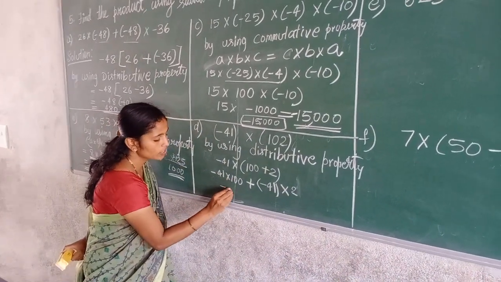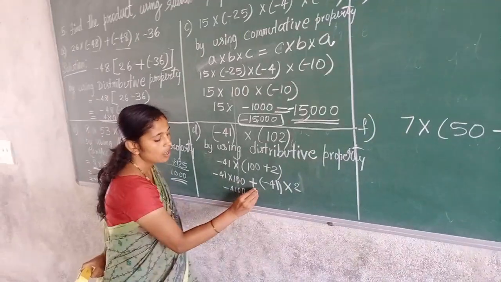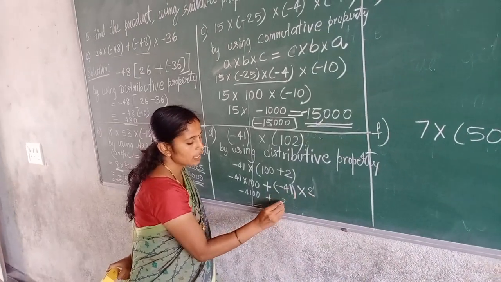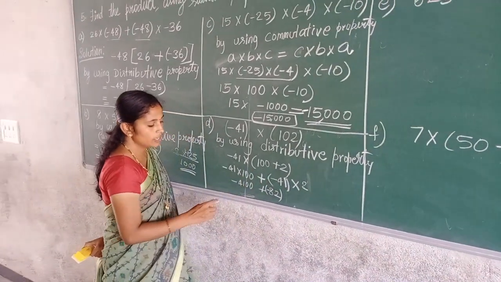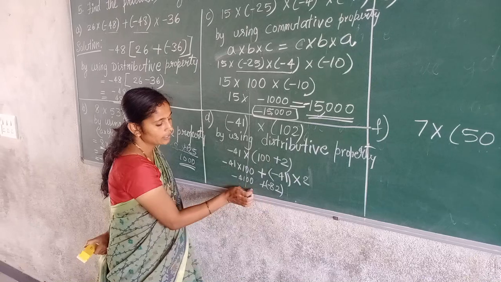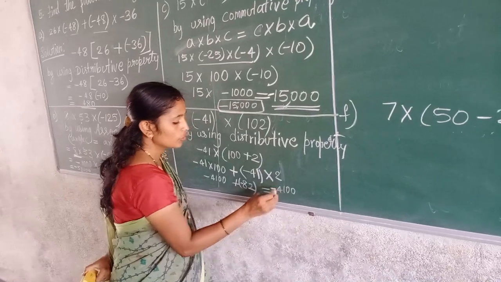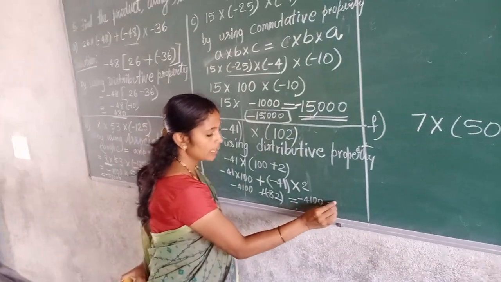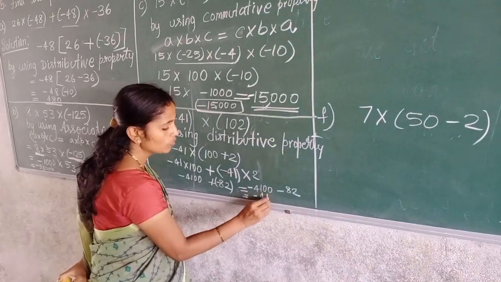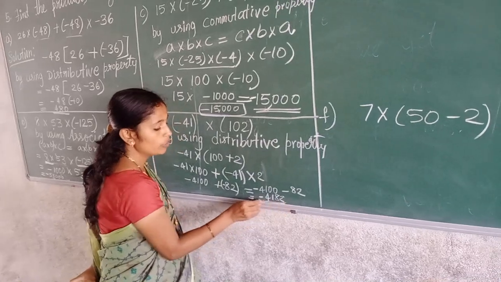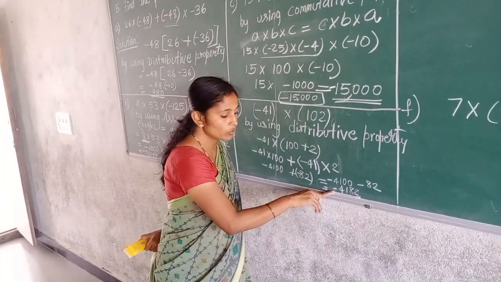What are you going to get? Minus 4100, 41 ones are 41, 2 zeros are there. Plus 2 ones are 2, 2 fours are 8, but still it is having minus, so minus 82. If you add both, minus 4100 and again minus 82, at the end you are going to get minus 4182. Because when both symbols are the same, we have to add, and for the answer we put negative.